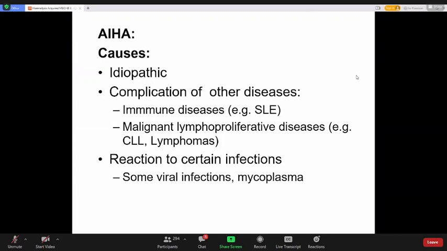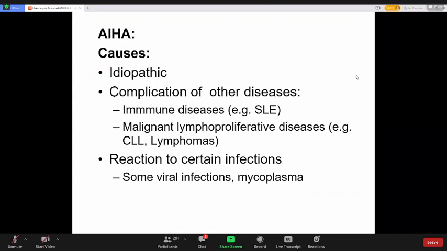Maybe just as an introduction, I'll tell you some of the causes of autoimmune hemolytic anemia. These are conditions you're going to have lectures on in your second and third year, when you do internal medicine and look at specific disorders like SLE, rheumatoid arthritis, and Sjogren's disease.